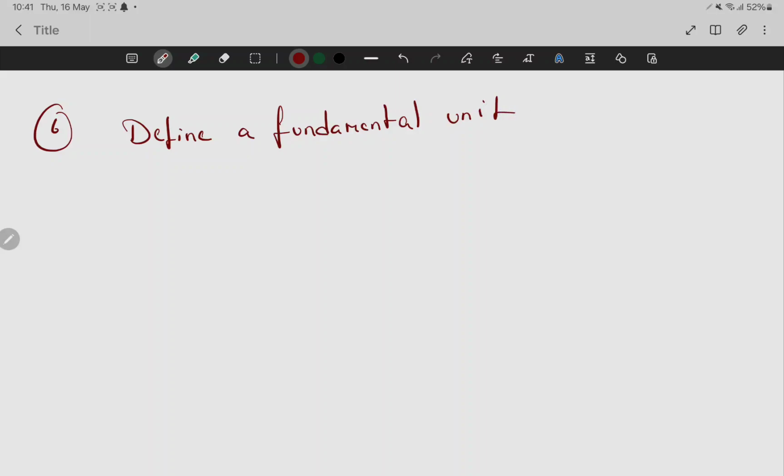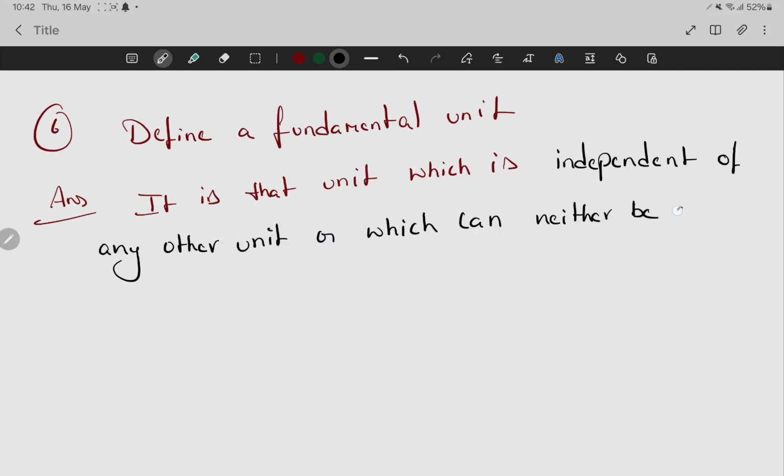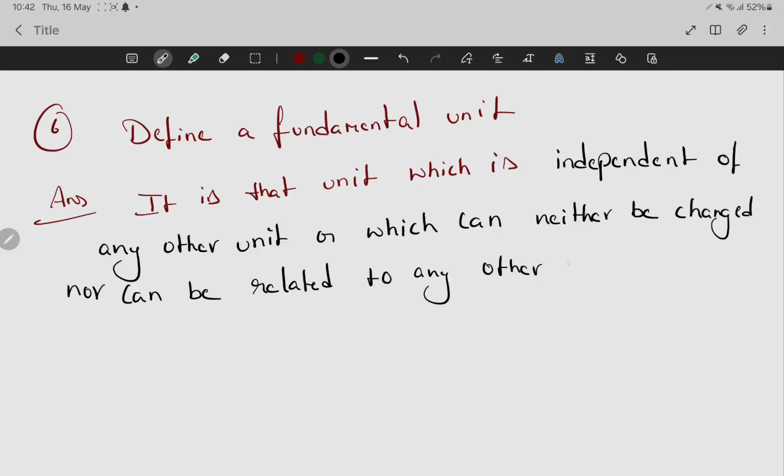It is that unit which is independent of any other unit, or which can neither be changed nor can be related to any other basic unit.